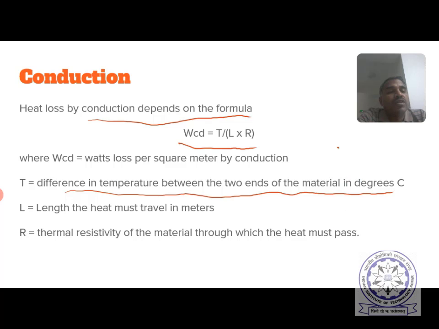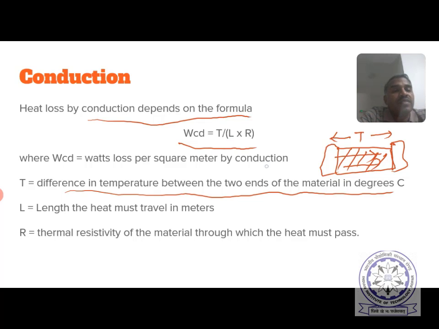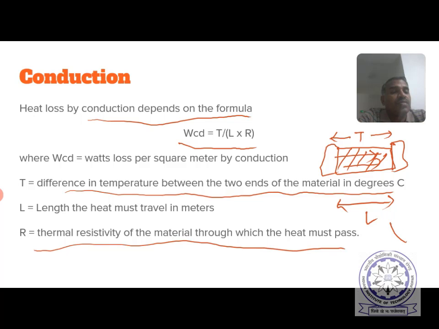For example, if there is a material like this, and heat were to move from this end to this end, then the temperature difference T between these two surfaces, the length of the path L, and the thermal resistivity R of the material give the thermal resistance of the material.